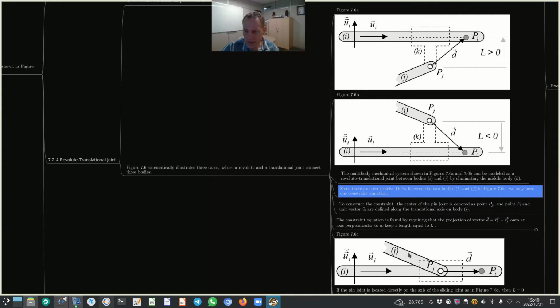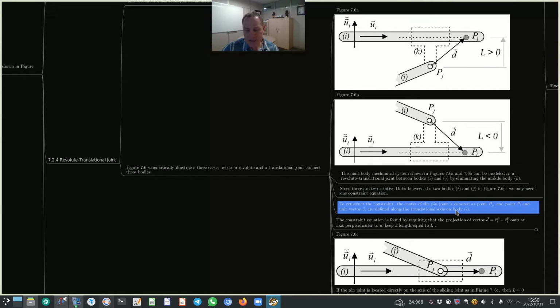The two relative degrees of freedom between bodies I and J are obviously the rotation and the translation in a specific direction. So the translation that is perpendicular to the degree of freedom translation needs to be eliminated, and that translation is eliminated by means of a single constraint equation.